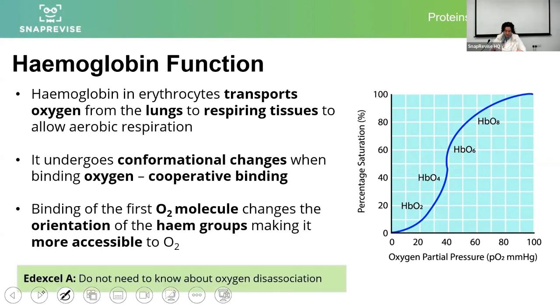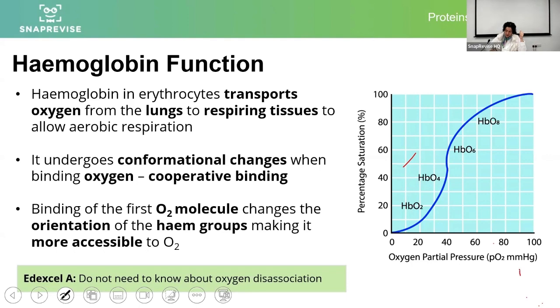So how do we connect that to this curve? By the way, this is not required for Edexcel A. It means that when we have low partial pressures of oxygen, the word partial pressure is just another word for concentration, but specifically for gases, the first oxygen molecule is going to bind slower. However, it's going to cause a conformational change such that the second and third oxygen molecules will bind more easily.